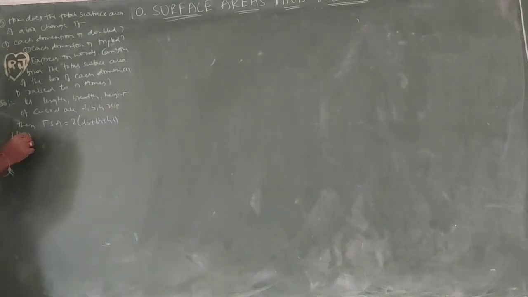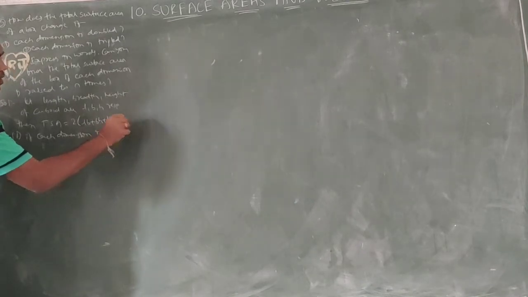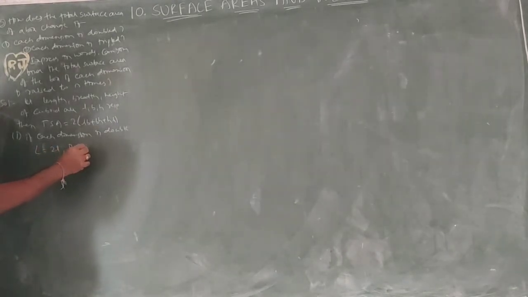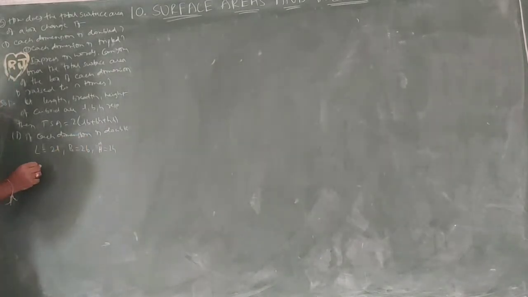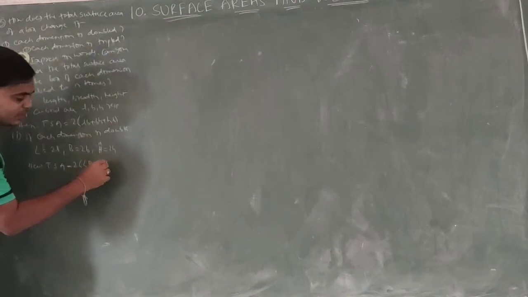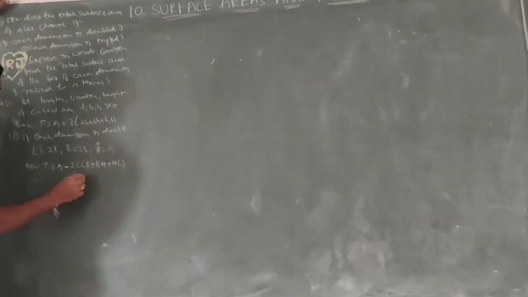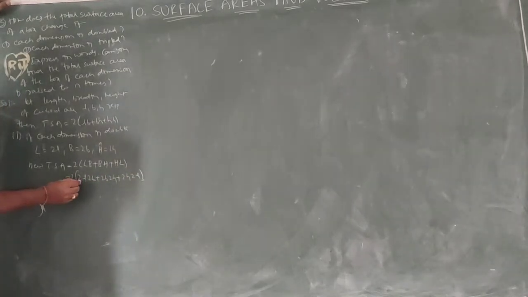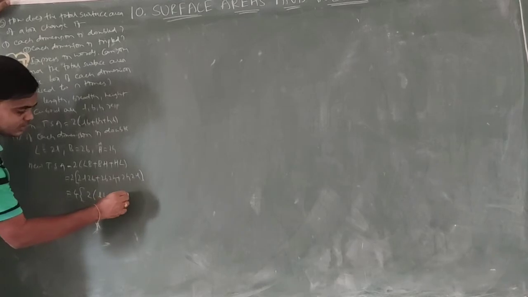First one, if each dimension is doubled, the new length will be 2L, new breadth 2B, new height 2H. So the new TSA equals 2(LB + BH + HL), written in terms of the new dimensions: 2(2L·2B + 2B·2H + 2H·2L). 2 into 2 is 4, common, so 4 times 2(LB + BH + HL).